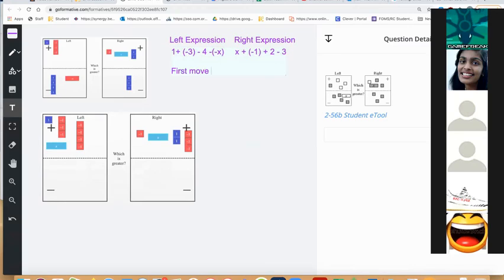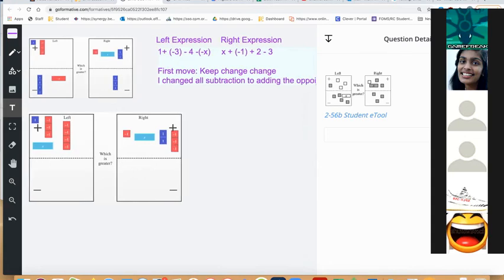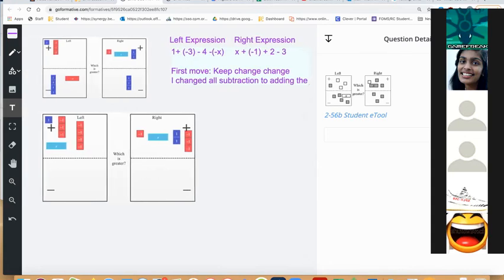Sophia's saying first move, keep, change, change. I'm going to be even more specific. I changed all subtraction to adding the opposite.